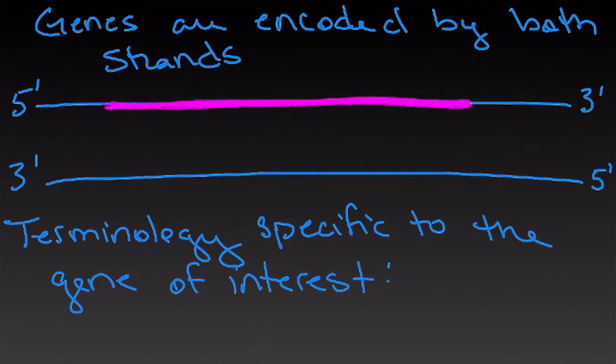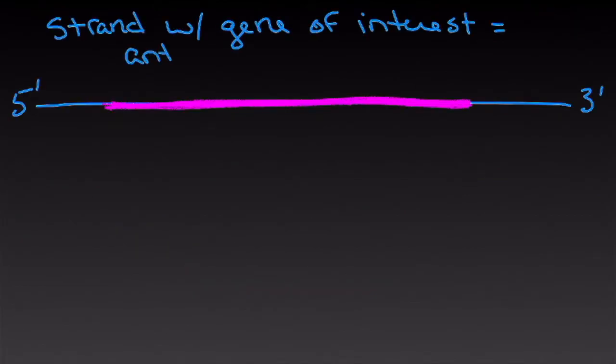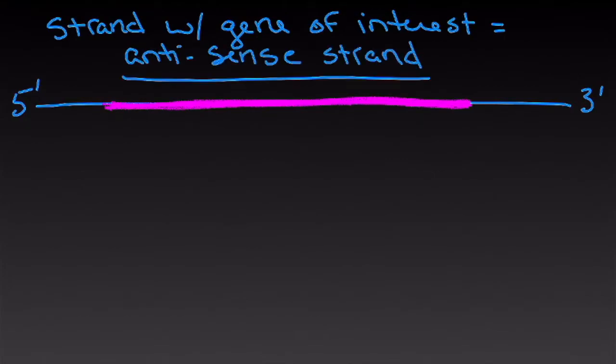So let's imagine that our gene of interest here is this area that I've colored in pink. Our gene of interest is on the 5' to 3' strand. Cool. The strand with the gene of interest is called the antisense strand.